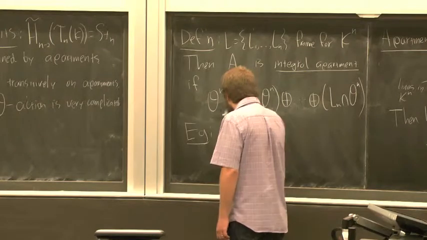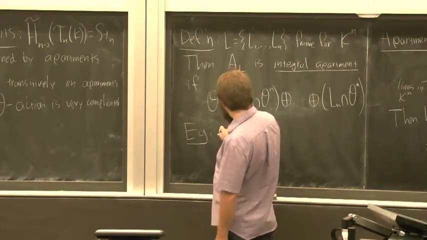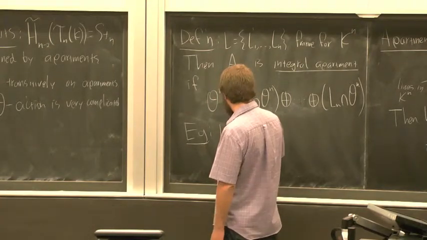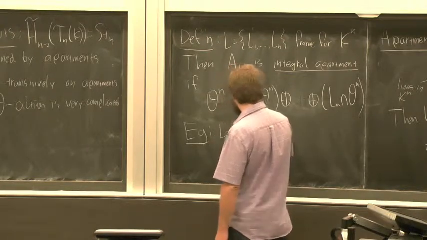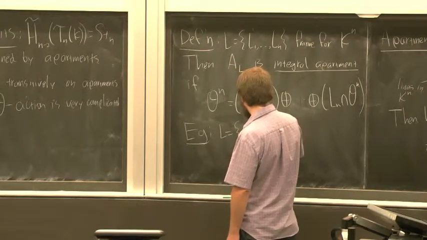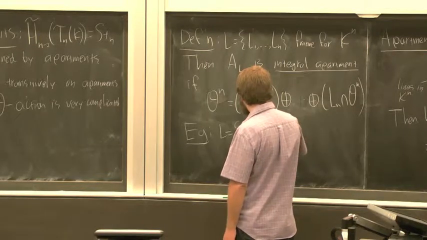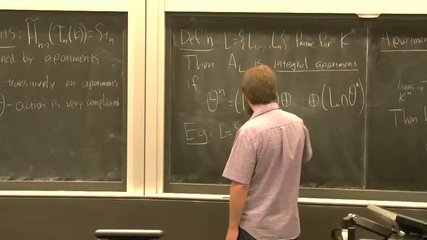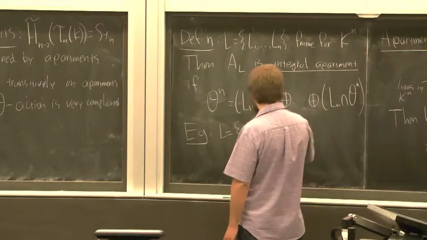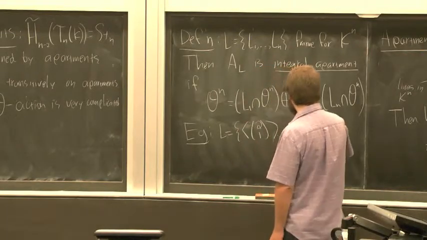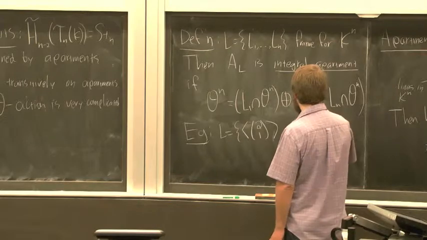Let's say we're looking at the apartment where L is equal to, and I'm going to work over Z, the span of the vector (2, 1) and the span of the vector (0, 1).